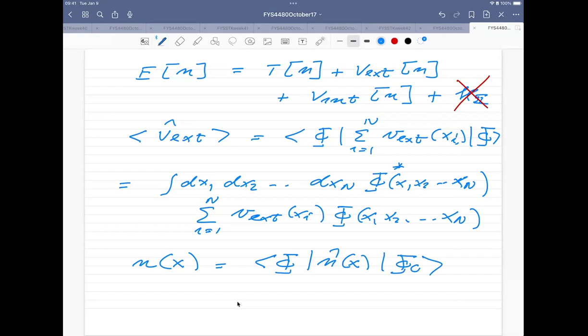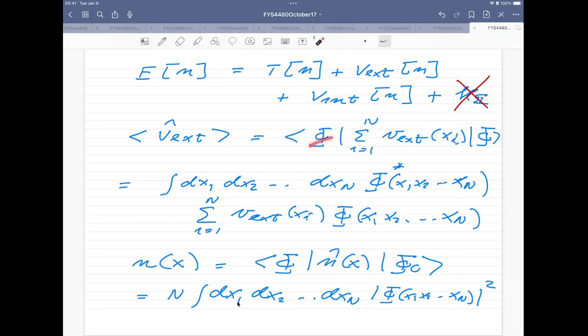And we're assuming that the wave functions are normalized, so I don't need to plug in a denominator with the normalization constant. This quantity is then simply given by n, and then we have the integral, the same thing you saw in the slides earlier, of dx2 up to dxn, and this is now given by the wave function phi of x1, x2 up to xn squared.